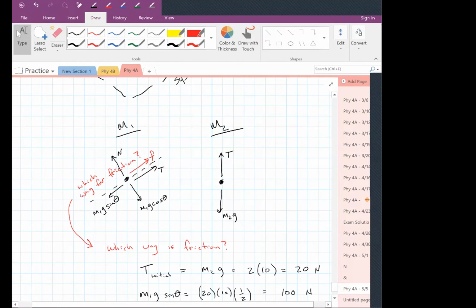So friction would have to oppose that motion, right? In this case, M1g sine theta was bigger. So in the absence of friction, the box would slide down the incline. So friction has to oppose that motion. Okay. So now we have to say to ourselves, does it slide or not? We know that friction is going to be up the incline. Maybe static friction is enough to hold it and it won't move. Maybe not. Maybe there's not enough static friction there and M1 will actually start to slide down the incline.